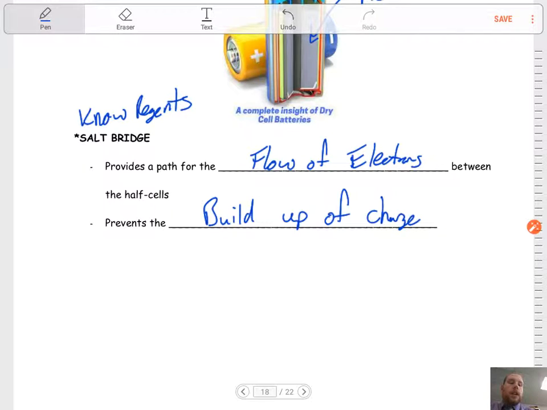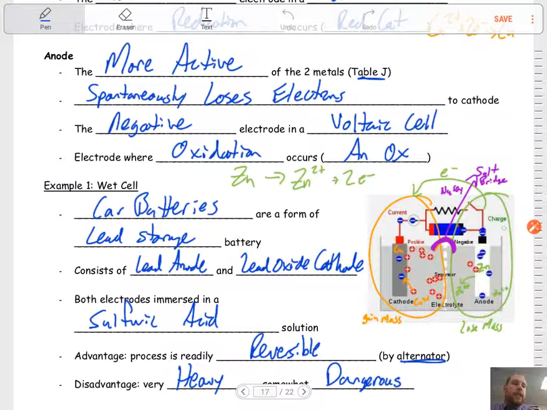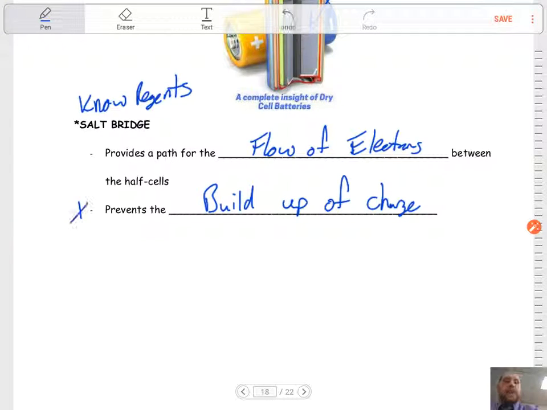Like, again, we talked about in the video, right? You get all these positives over here on one side and the negatives more on the other side. So when we think, well, what's going on? Why wouldn't that build up? That's the salt bridge. It keeps from that buildup of charge. Make sure you know these 2 answers. They appear all the time on every Regents exam, so make sure you know those.